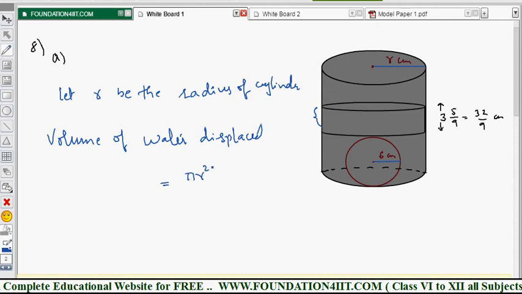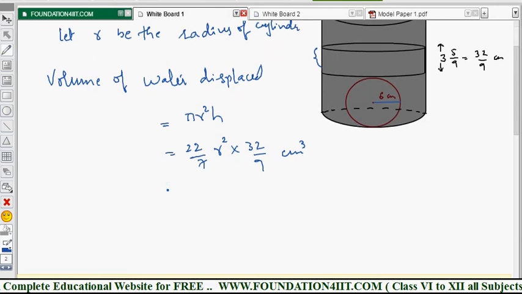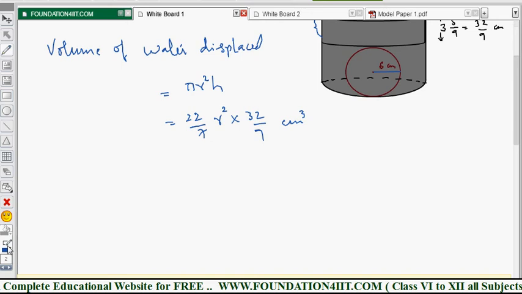The formula is pi r square h. Here the pi value is 22/7, and r square we need to find out, but the height is 32/9. So this much water is displaced because the sphere is immersed in it, and then the volume of the sphere formula will apply.